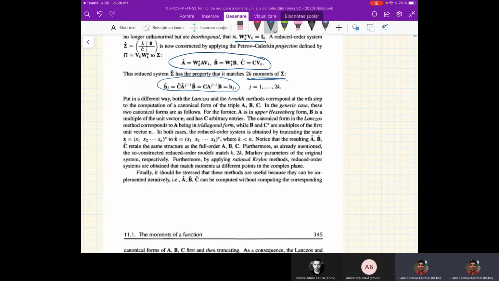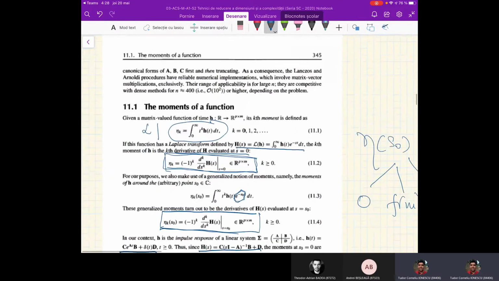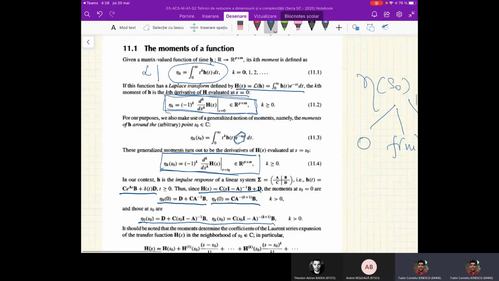They say here that you can look at this Lanczos and Arnoldi thing as building canonical matrices A, B, C. There are some interesting details which I'm not going to get into. Now let's take a closer look at the notion of moment. We discussed last time that the moment is a time domain quantity.